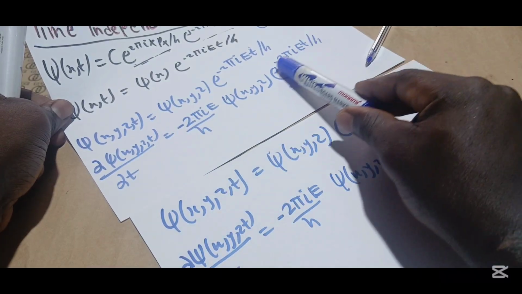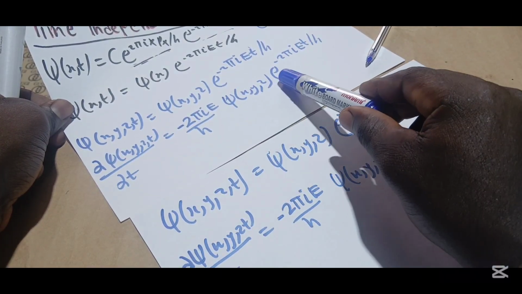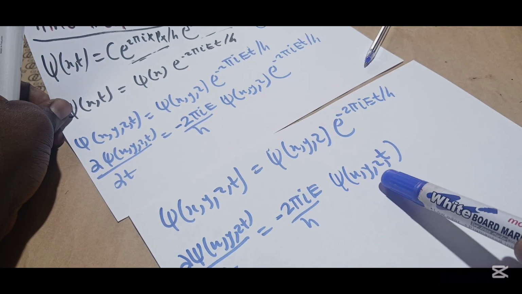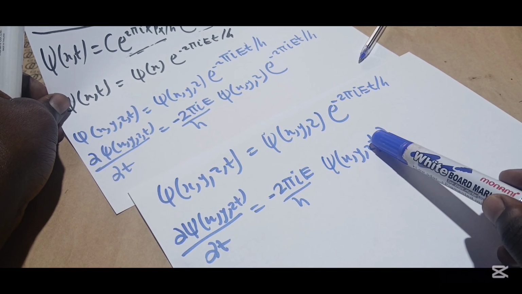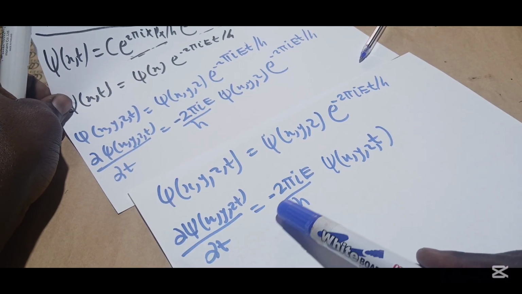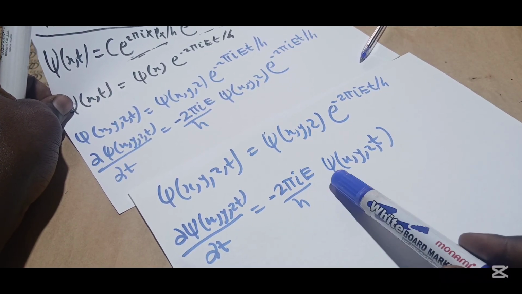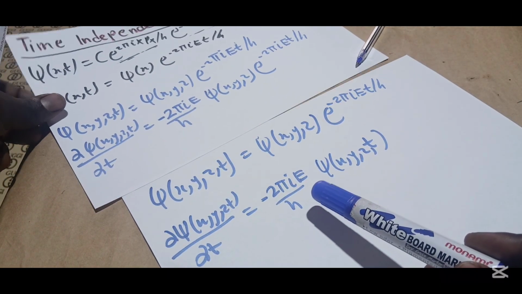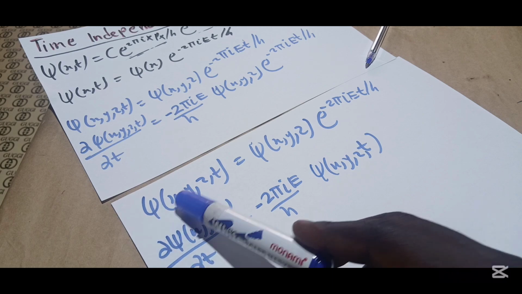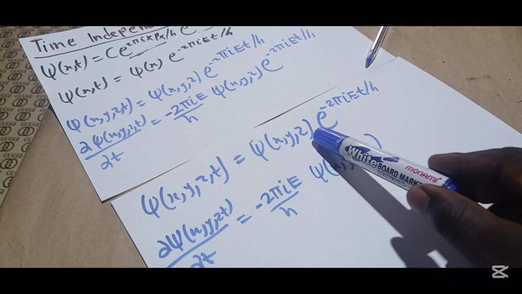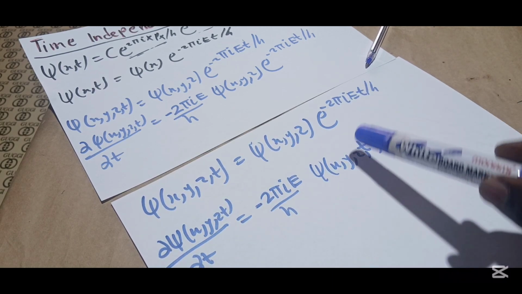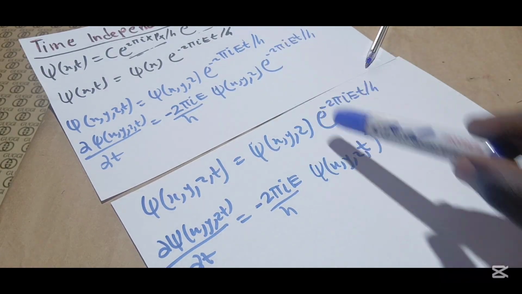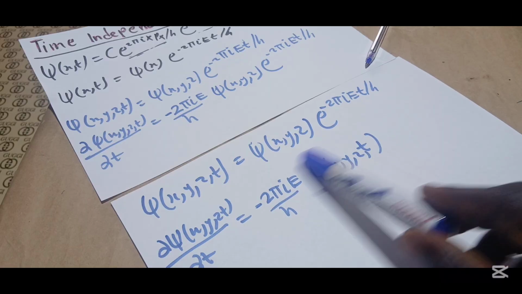So we can replace psi of x, y, z multiplying the time part by psi of x, y, z, and t, right? Because psi of x, y, z, t equals psi of x, y, z and the time part. So replacing this whole term here by psi of x, y, z, t gives us this.